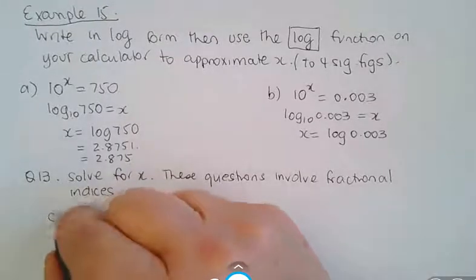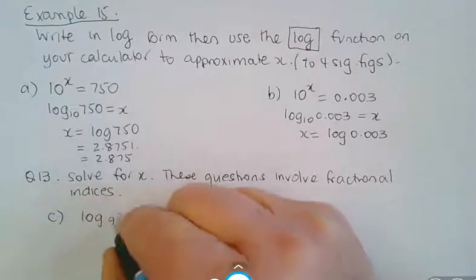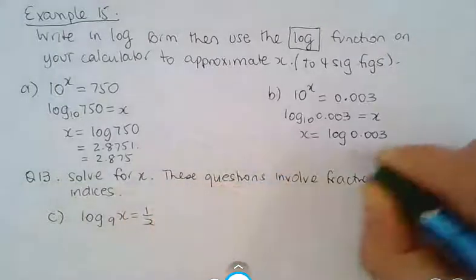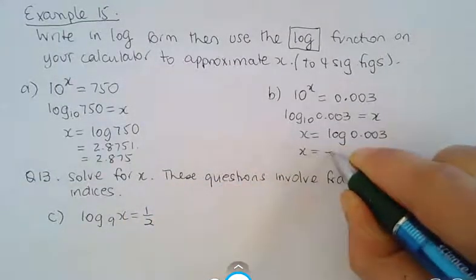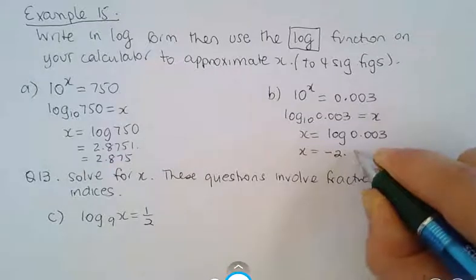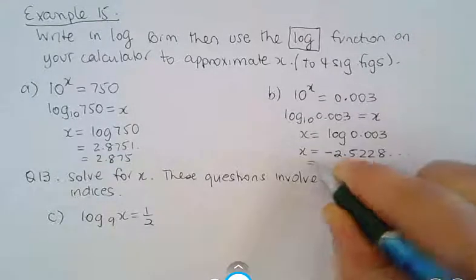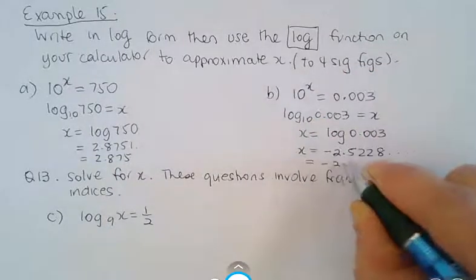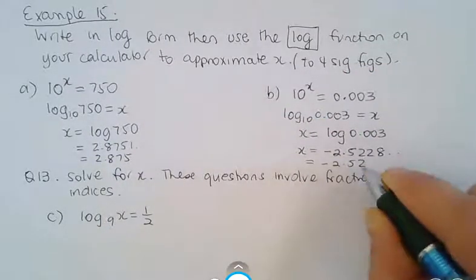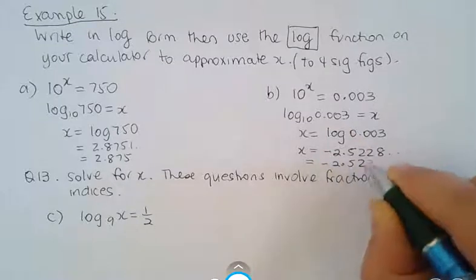What do you get? Negative 2 point, yep. So to 4 significant figures, it's negative 2.52. I need one more figure. I've got 1, 2, 3.